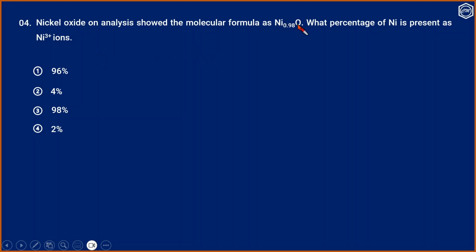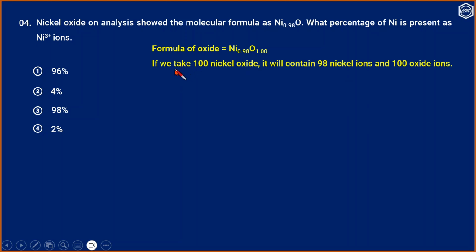From this formula it is clear that nickel oxide is non-stoichiometric. So the formula of the compound is Ni0.98O. Suppose that we take 100 nickel oxide, and from this formula it must contain 98 nickel ions and 100 oxide ions.